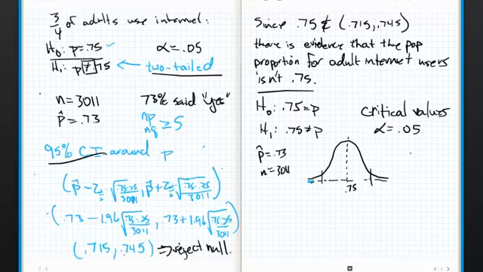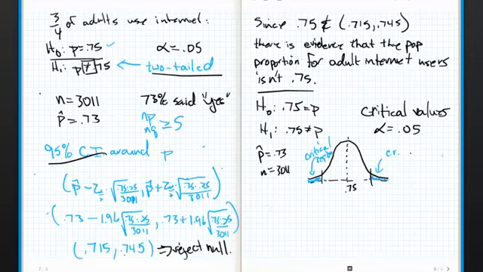If after I take a value, a test statistic, and I'll show you the test statistic here in a sec, if my test statistic ends up too far, if it ends up in this, which is called the critical region, as is this, same thing, I'll call this the CR, the critical region, then that means that 0.73 was too far away from 0.75, and it's not going to work.